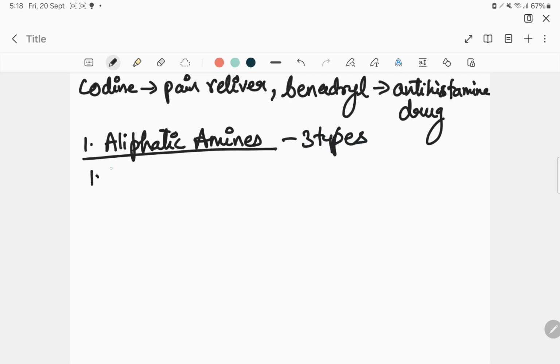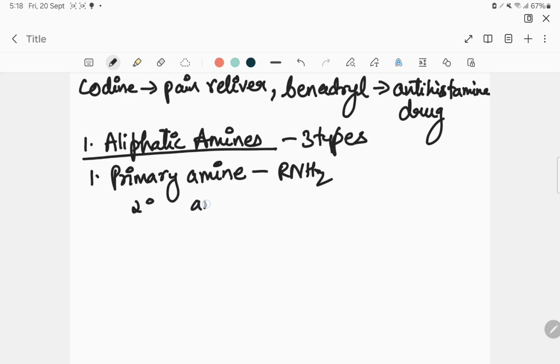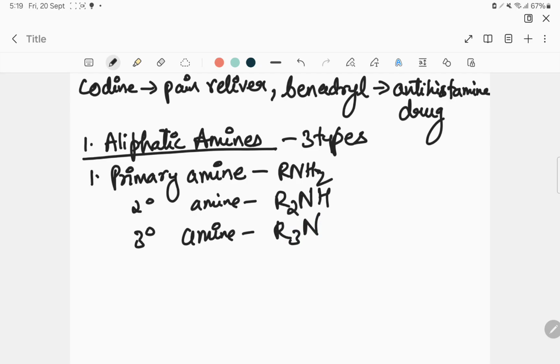The first one is primary amine, which has the formula RNH2. Then secondary amine R2NH. Then tertiary amine R3N. These are derivatives of ammonia.